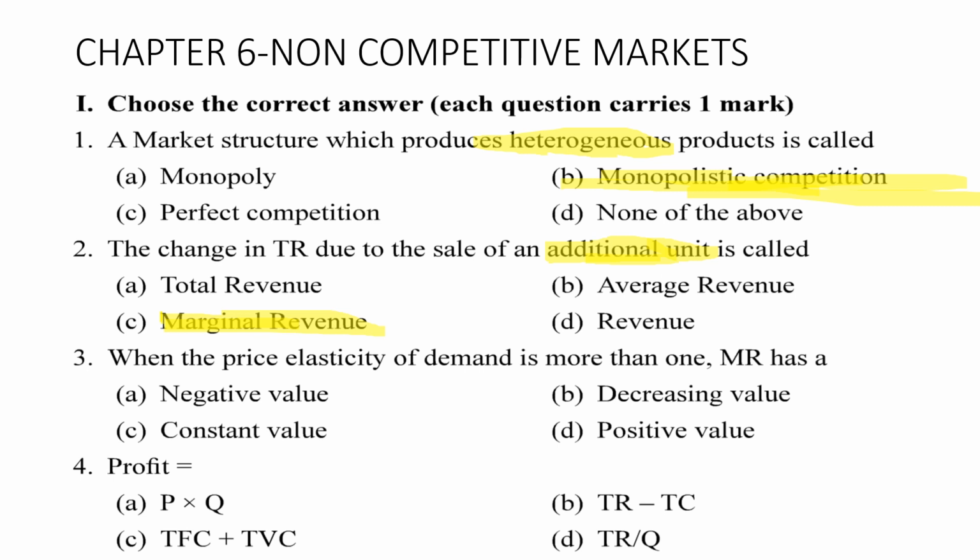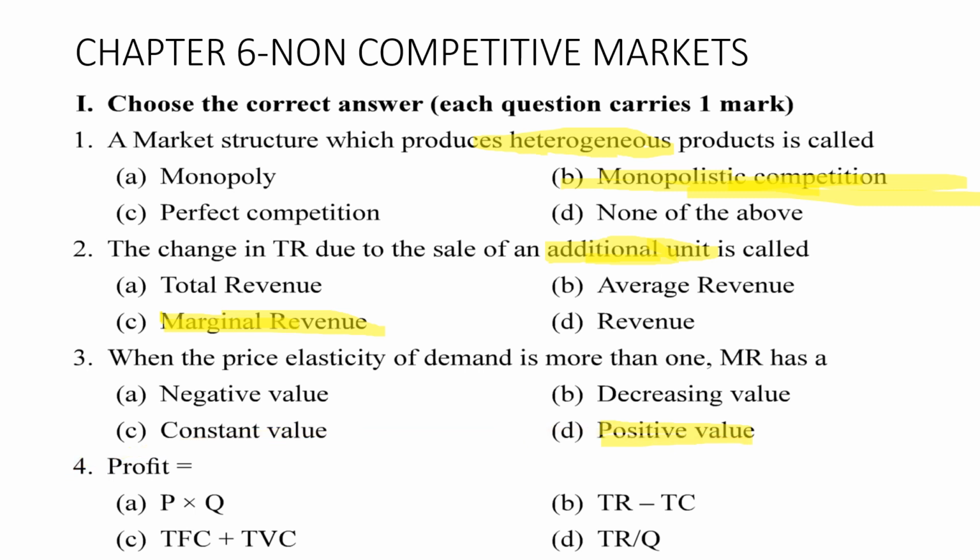Then third one, when the price elasticity of demand is more than 1, marginal revenue has. So when elasticity of demand is greater than 1, marginal revenue will definitely be positive. So value will be positive. Answer is positive value. Last one, profit. Profit is equal to what?